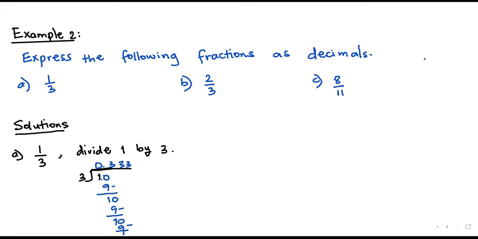We are getting 3, 3, 3, 3. Do you think we can finish? Because these are many threes coming. So this actually means that our fraction 1 out of 3 is the same as 0.333 repeating. You understand that?